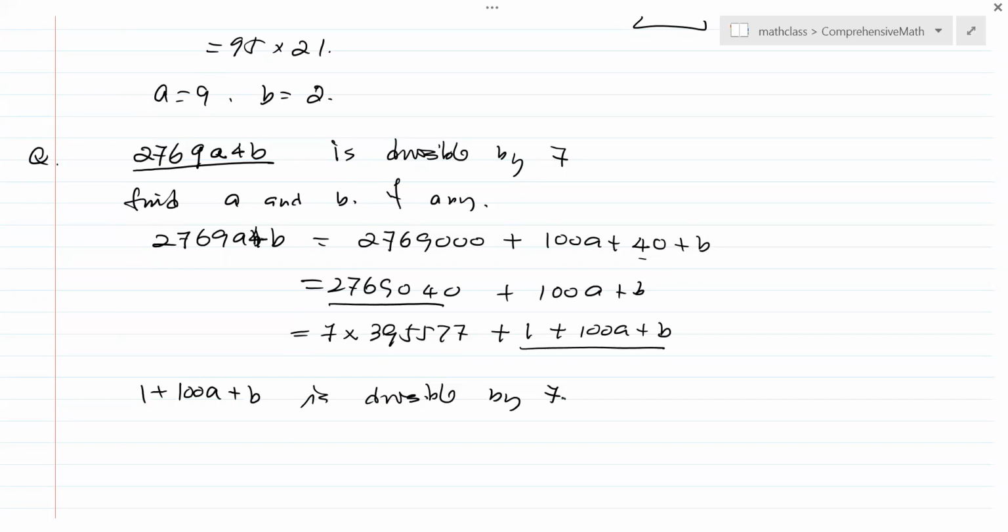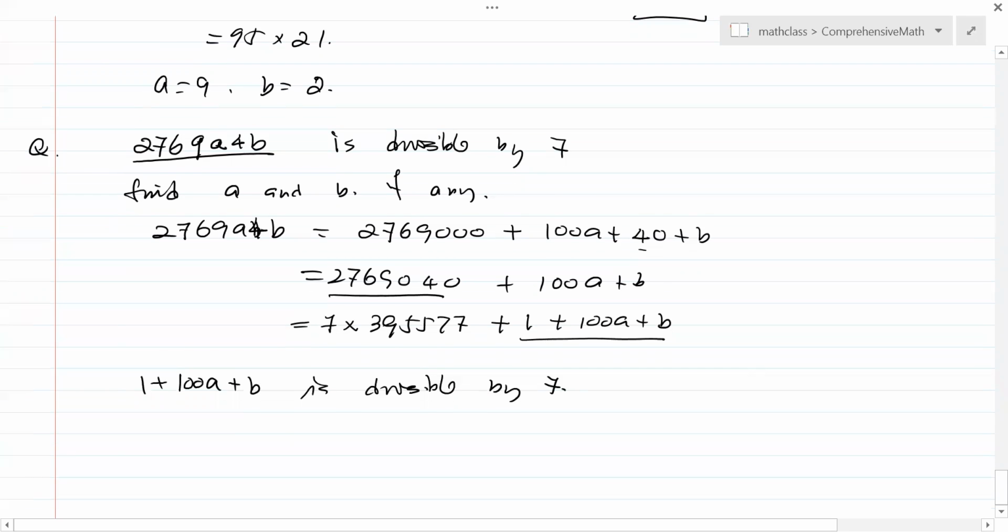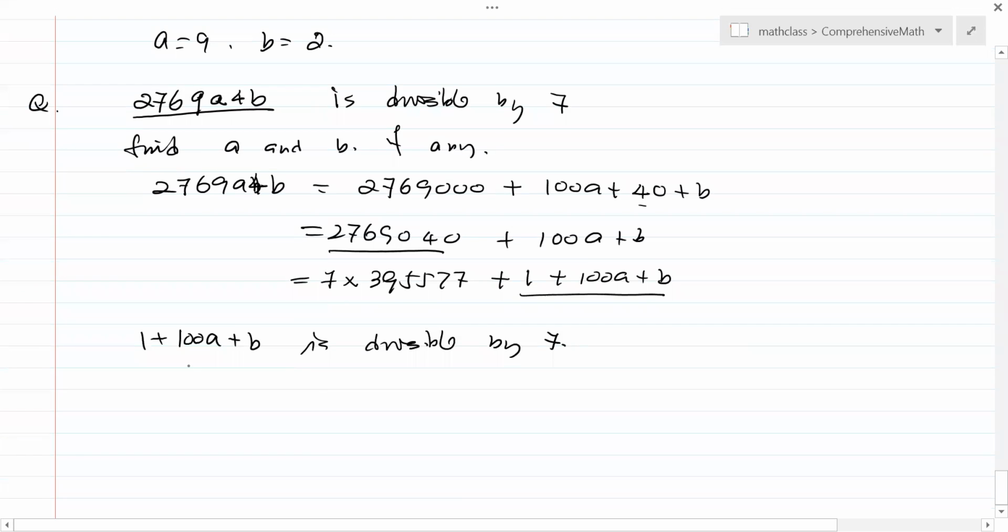How many 3-digit numbers can you have? That's a lot, right? So you just list all of them. So the problem is make sure the last digit, right? It's 100, so this is actually A0B plus 1. This should be divided by 7.